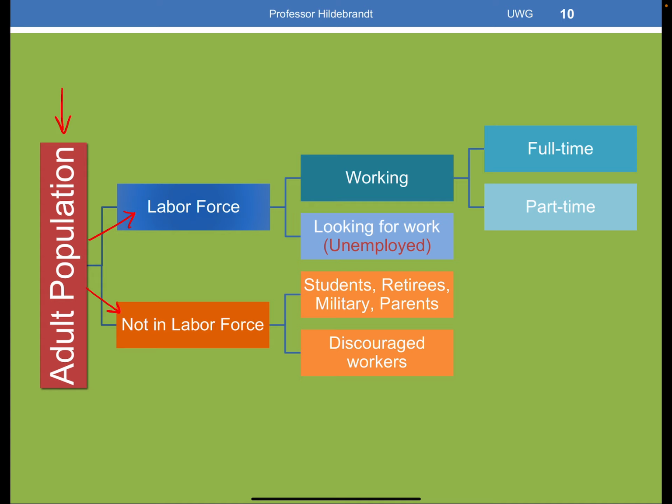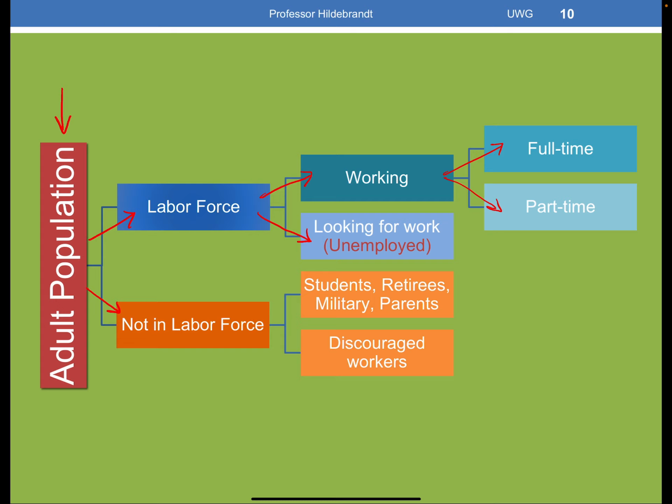Let's go down the top branch first, looking at those in the blue box who are part of the labor force. We divide the labor force into two groups, working or looking for work. If you're working, you're either working full-time or part-time, but either way, you count as working and you count as part of the labor force.